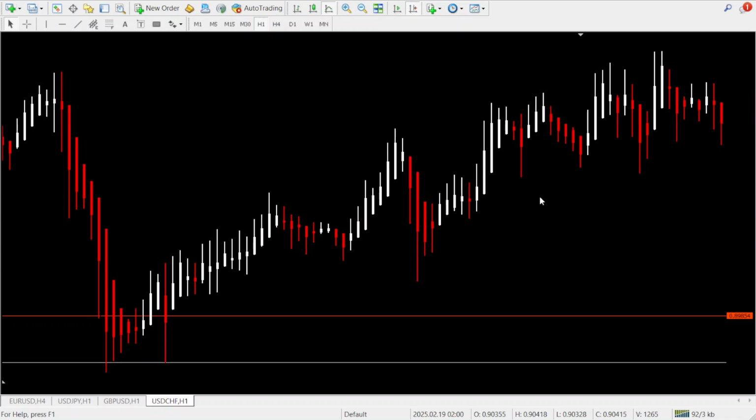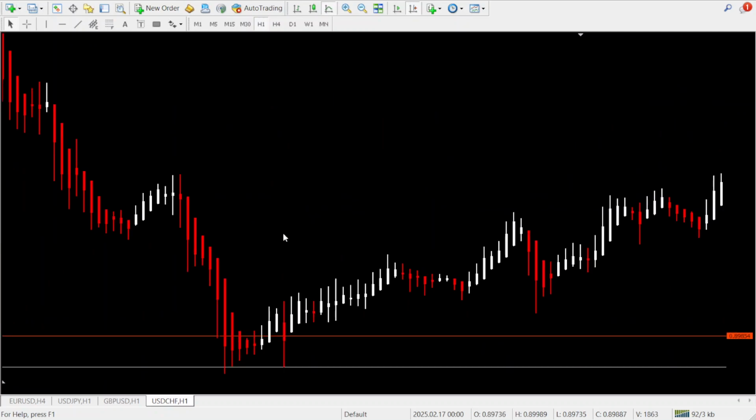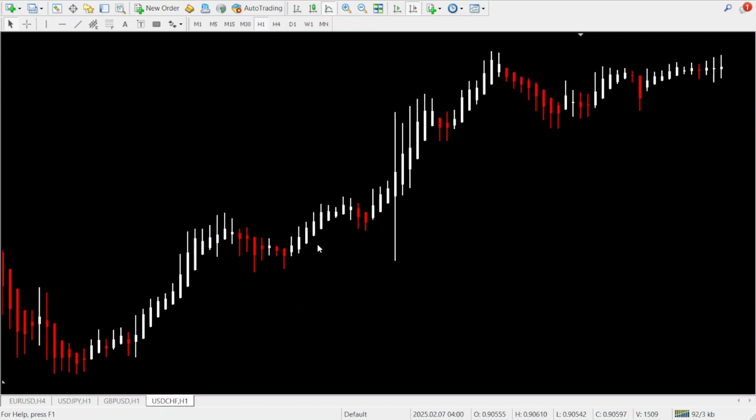So for an uptrend, when you see a series of consecutive white Heiken Ashi candles with little or no lower wicks, it signals a strong uptrend.